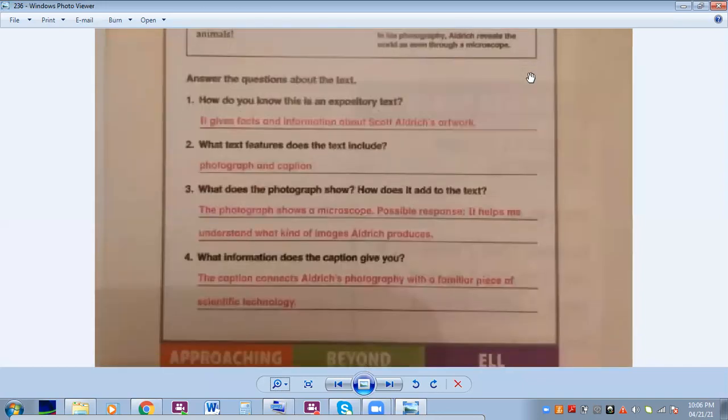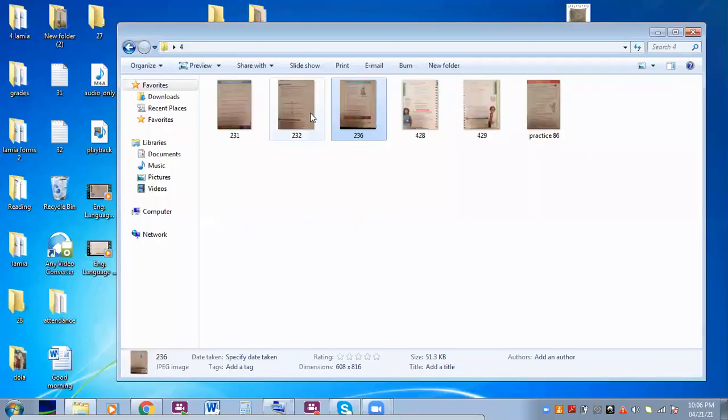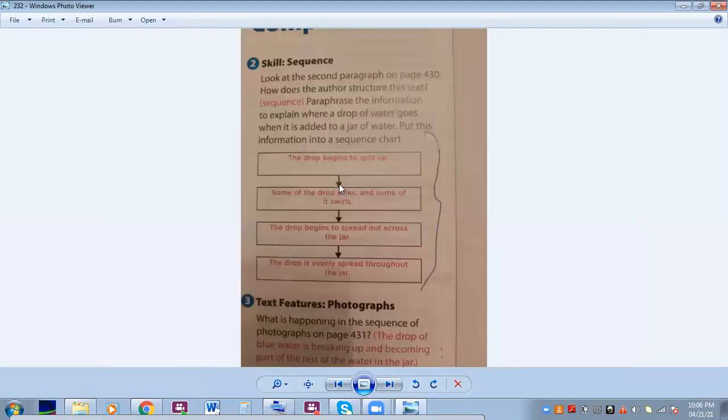Now, finally, the last thing that we did, we went to page 432. Now, on page 431, there are 9 jars.